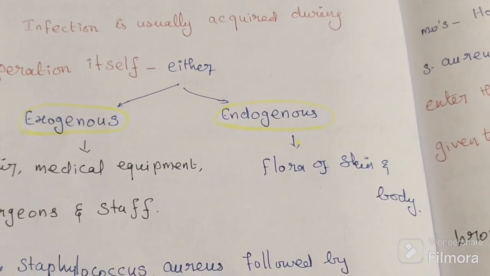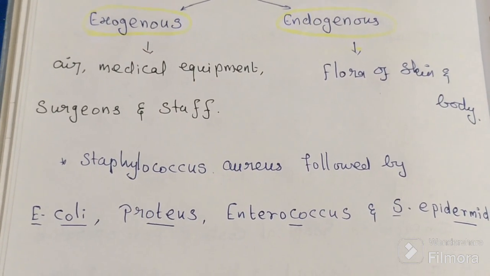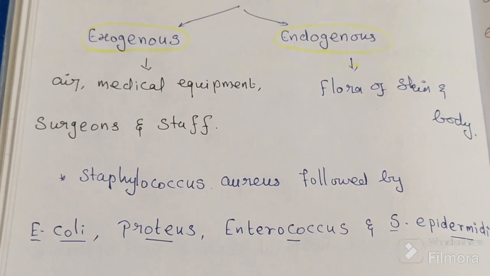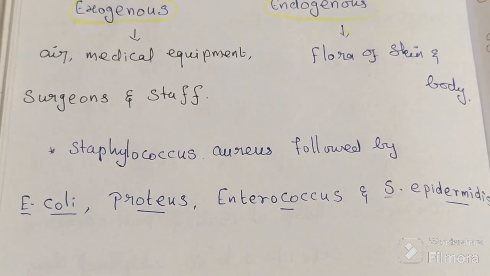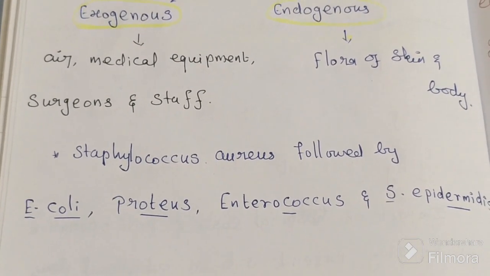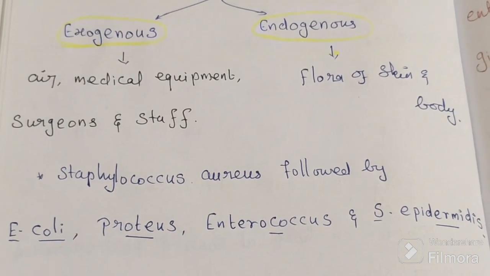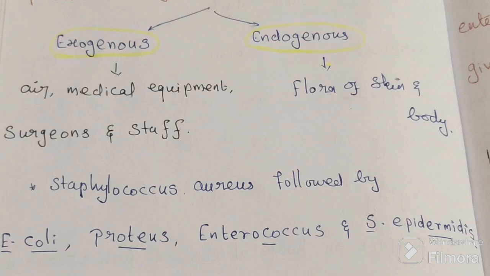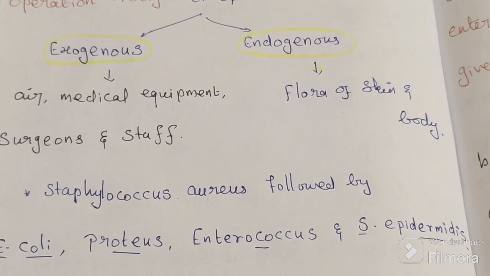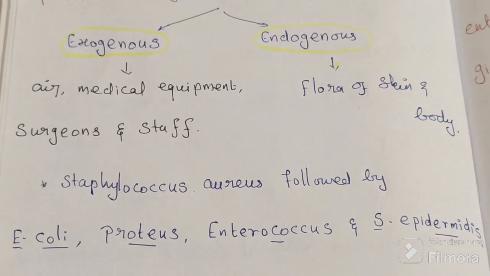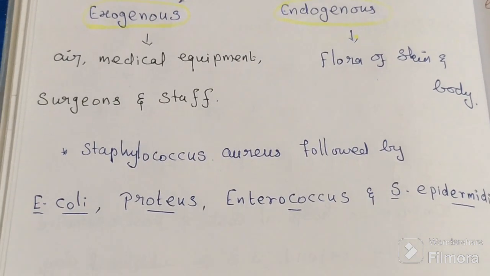Staphylococcus aureus is the main pathogen responsible for this type of hospital-acquired infection, followed by Escherichia coli, Proteus, Enterococci, and Staphylococcus epidermidis.